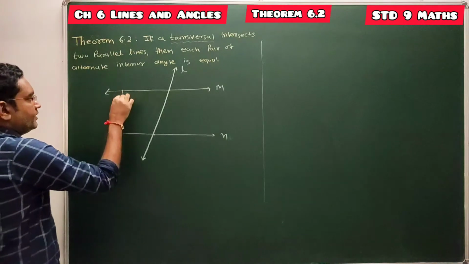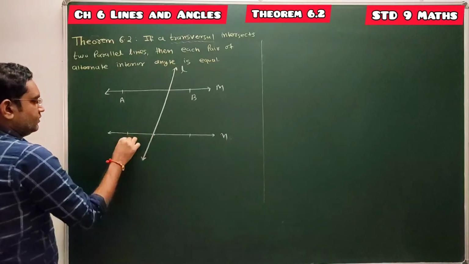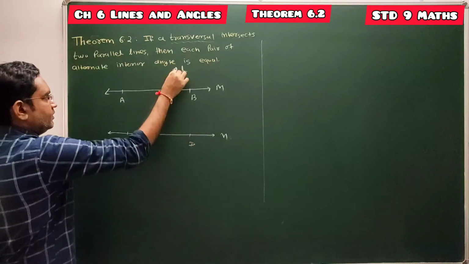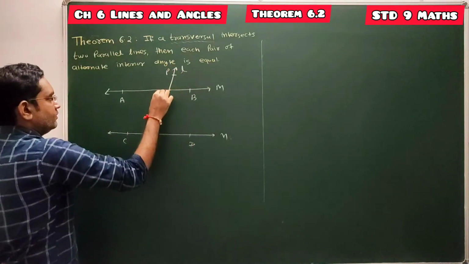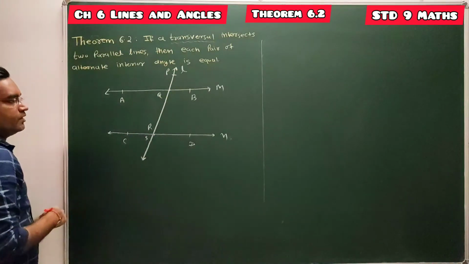Consider these two parallel lines, and the points on the lines are A, B, C, D, and these points are P, Q, R and S. Done?